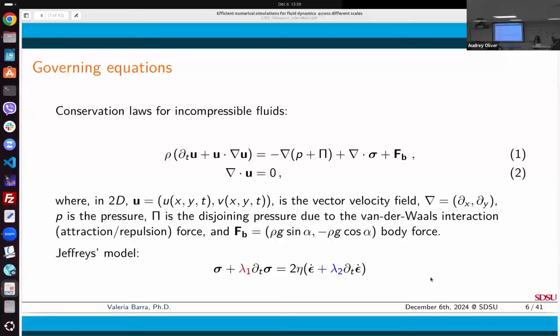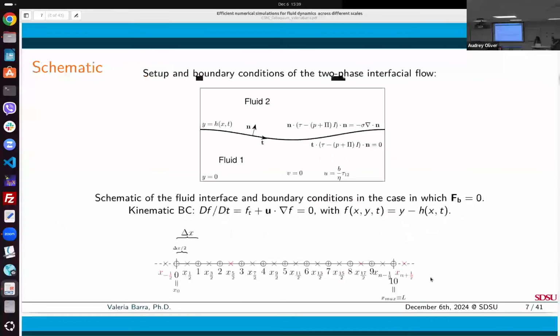Because we're trying to describe fluids in a very confined space, these attraction repulsion forces are actually important because they describe the attraction of the fluid molecules towards the solid substrate molecules. I'm going to show you the setup in a second.